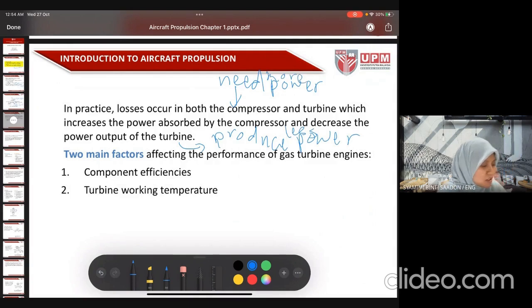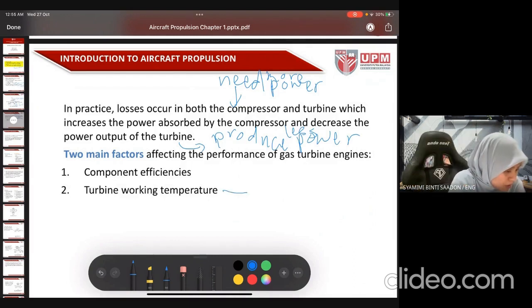Okay. Two main factors affecting the performance of gas turbine engines are the component efficiency, of course. So sometimes the compressor and turbine have 60%, 80% efficiency, right? And then the turbine working temperature, the maximum, we call it TIT, turbine inlet temperature.